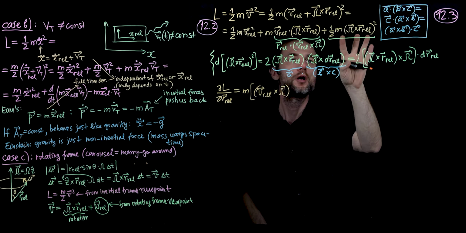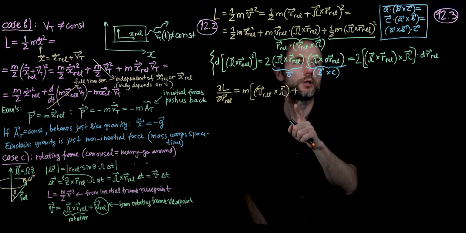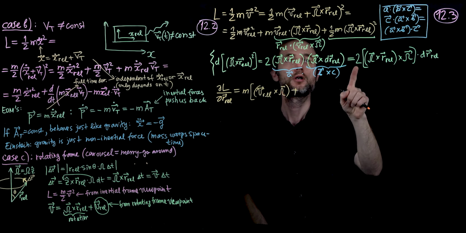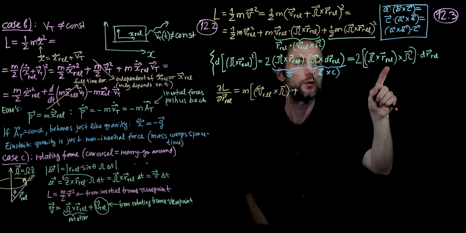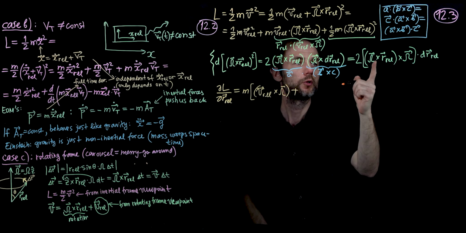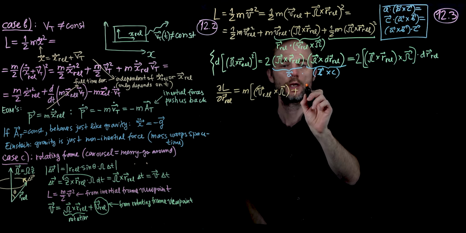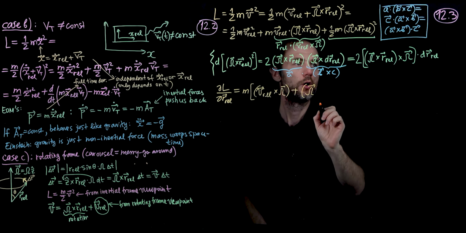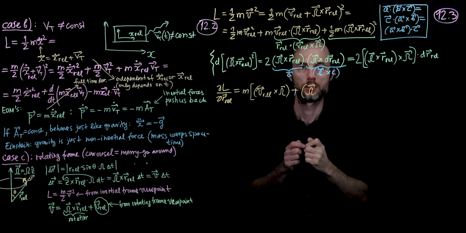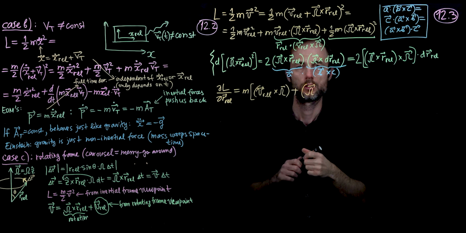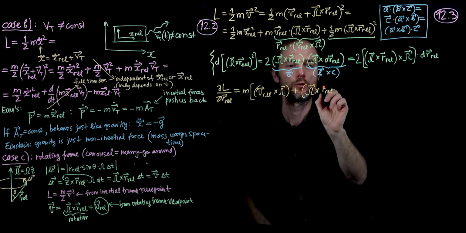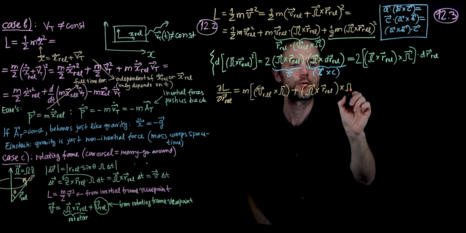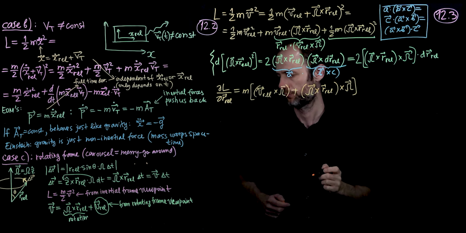That's this term, plus that term, plus this term. So the 2's will cancel out, and what we're going to get is plus, dr_rel goes away, and we're getting omega cross r_rel cross omega.